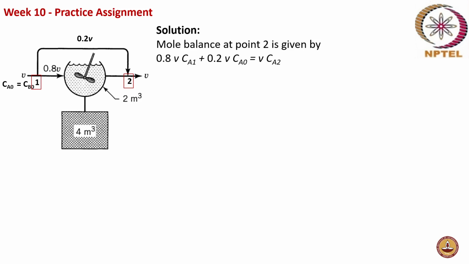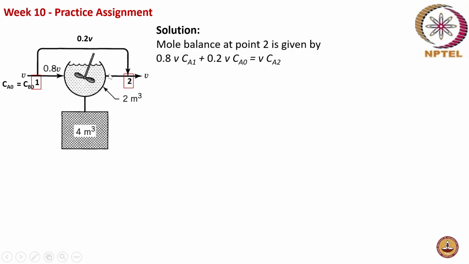Once it comes out of the reactor, this Ca naught and Cb naught will get converted to some Ca1 and Cb1. So Ca1 equal to Cb1. That is also an assumption, since Ca naught is equal to Cb naught.